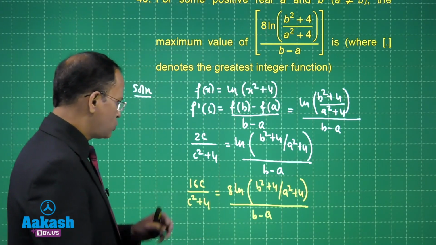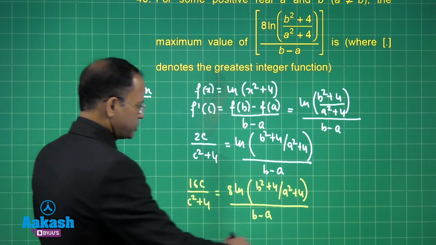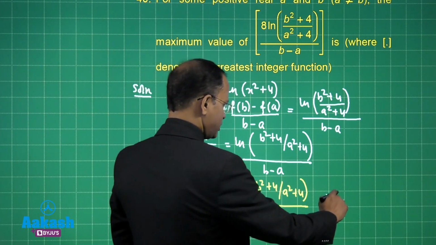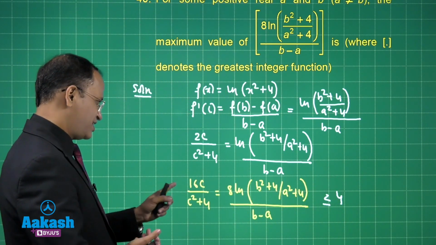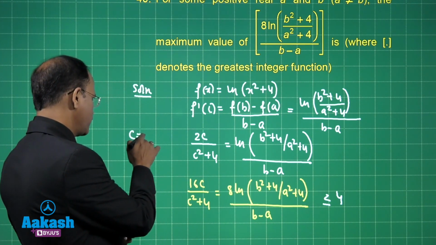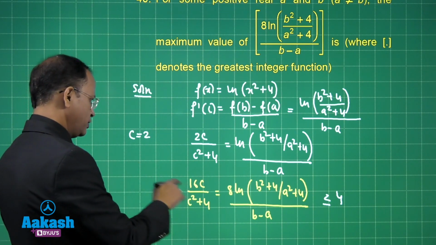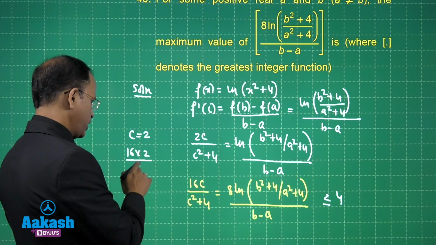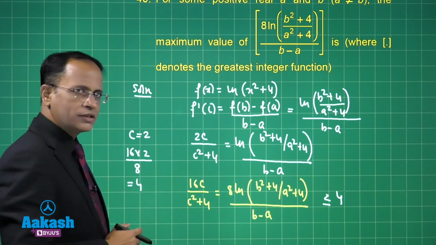Now if I talk about this part, 16c upon (c² + 4), this expression is always going to be less than or equal to 4. For c equal to 2 the equality holds, because we have 16 times 2 divided by 8, which is 4.